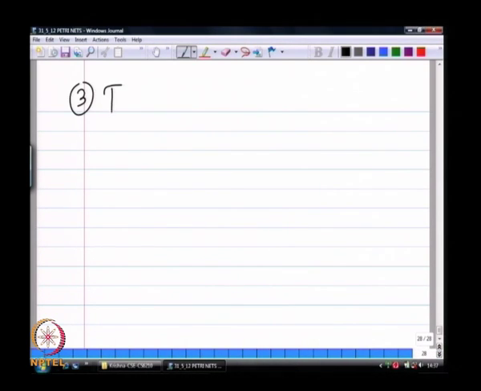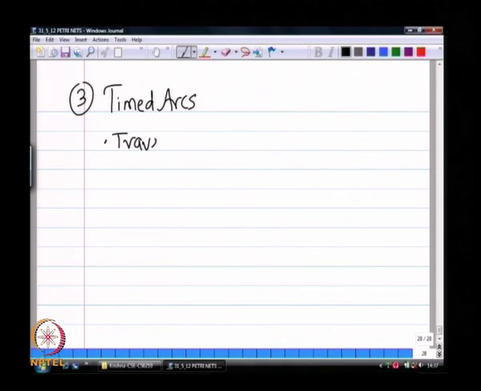Now I can add times to arcs. This is like propagation delay. There is a link, and it takes a finite amount of time. Once a token leaves a place, it takes a finite amount of time for it to reach the destination transition. So there is a delay that is also incurred there. Therefore the travelling delay can be associated with an arc.